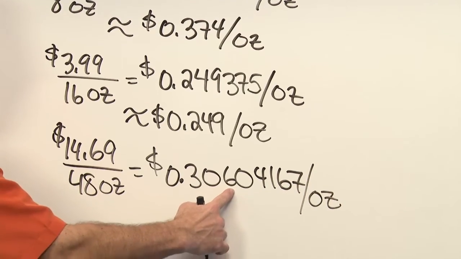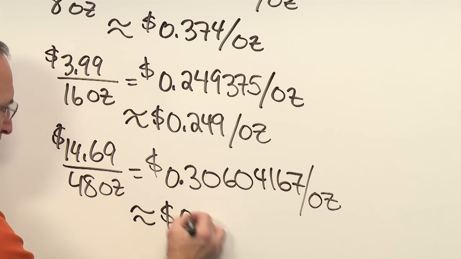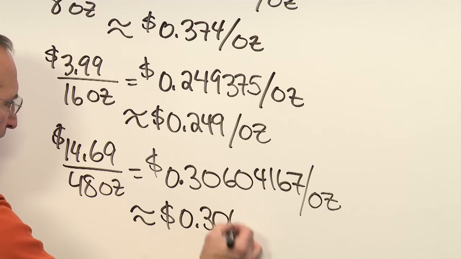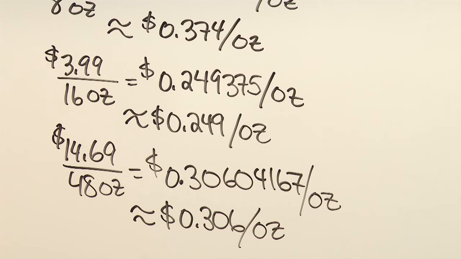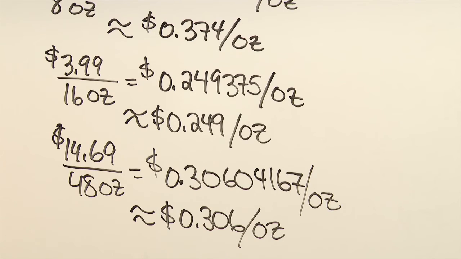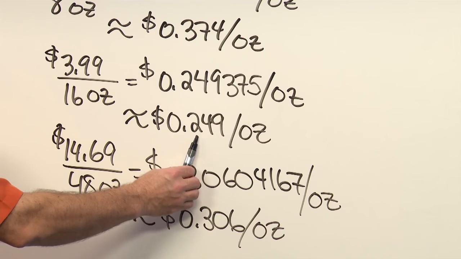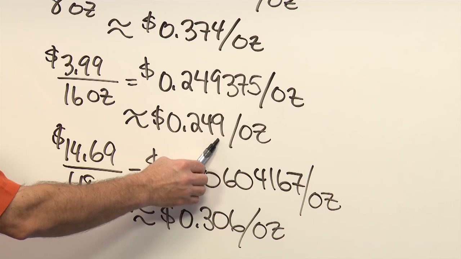Rounding that off to the thousandth, it's approximately equal to 0.306 per ounce, and that's the same as 30.6 cents per ounce. So the best buy is this one, because when we compare the numbers, it's the smallest.